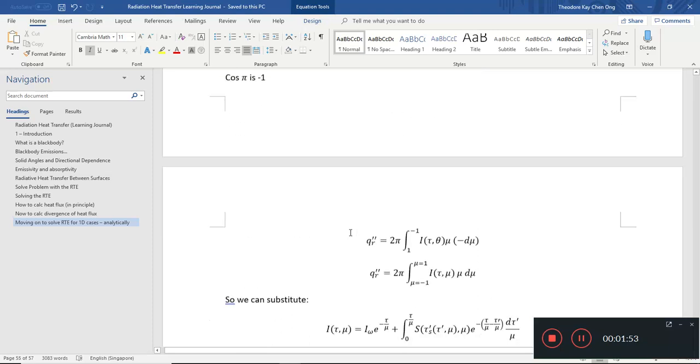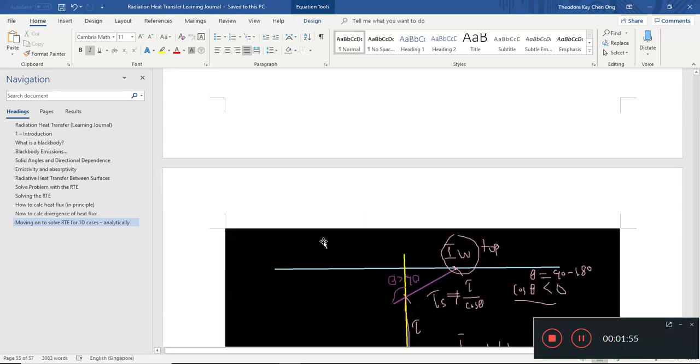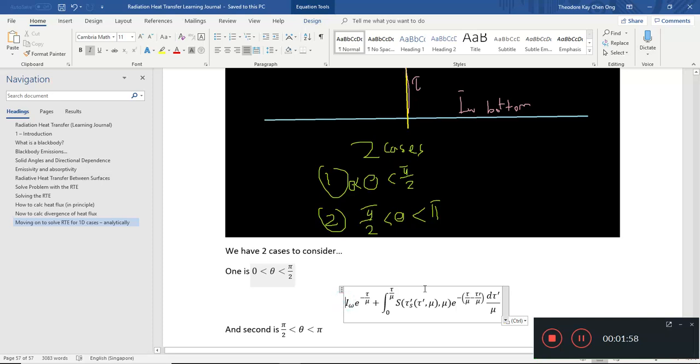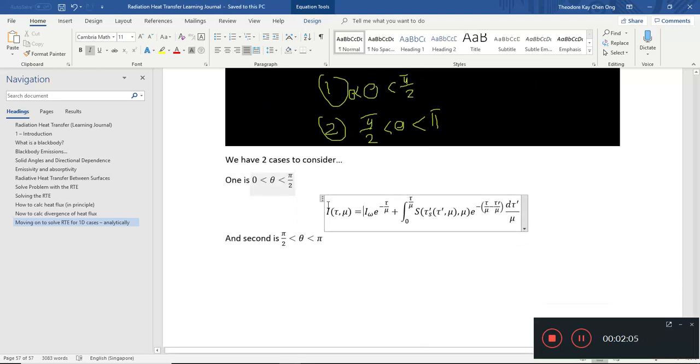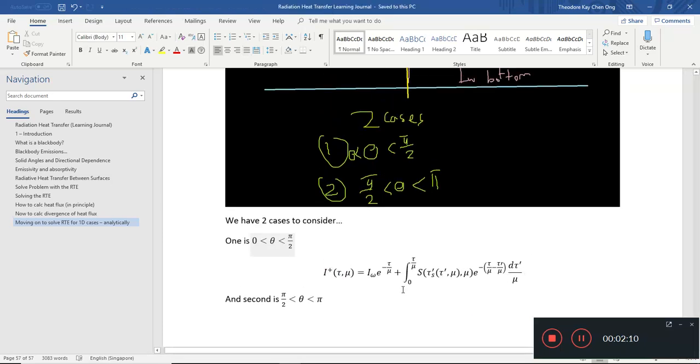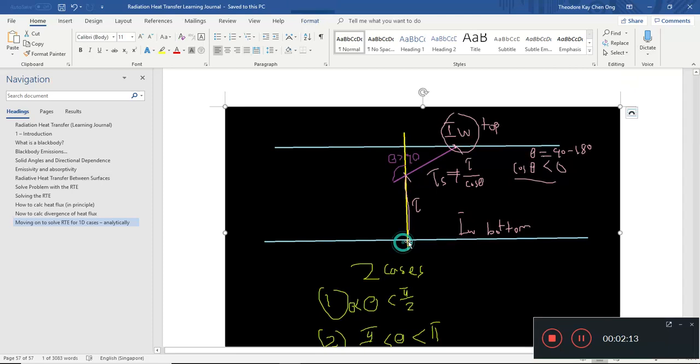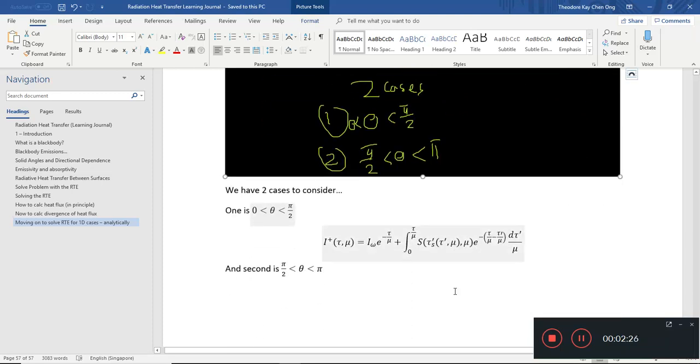So I of tau and mu equals blah blah blah. To distinguish it, we call it I plus, because it's going from the bottom to the top. So this is radiation coming from the bottom plate going to the top plate, in the increasing tau direction. Okay, so that's pretty straightforward, simple enough.